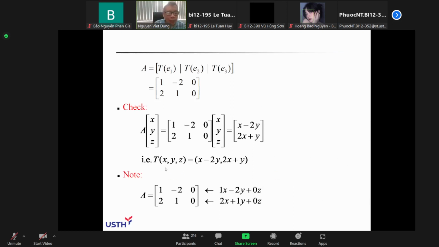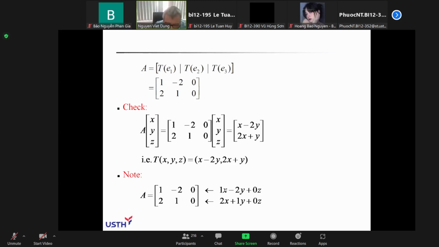And the last remark here I would like to tell you. You will have a lot of exercises where you write down the standard matrix for some linear transformation. The way to do that is you look at the formula. T is given by the formula like that, and it has 2 coordinates. The first coordinate is 1x minus 2y plus 0z.